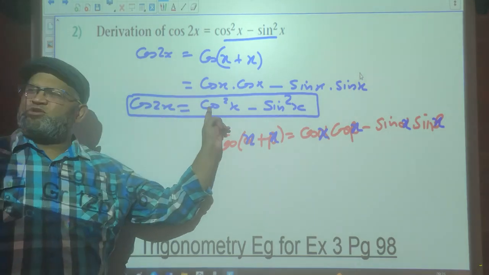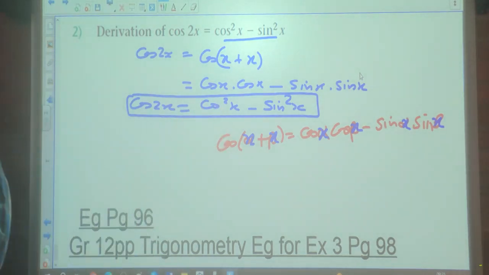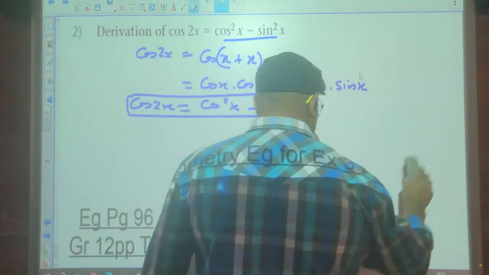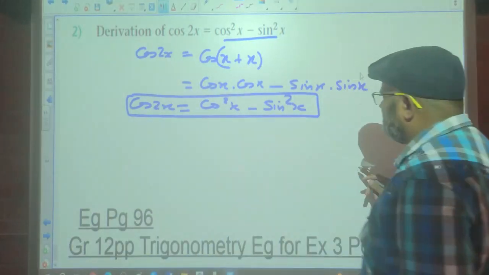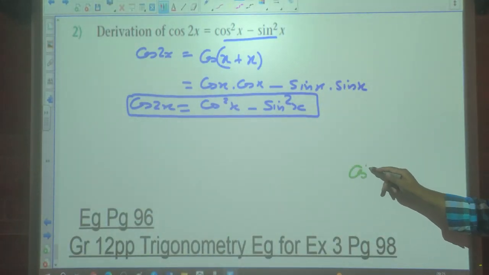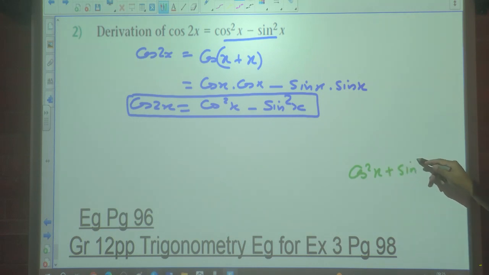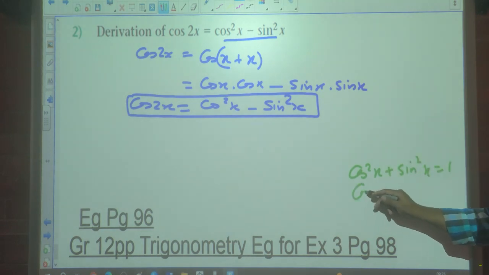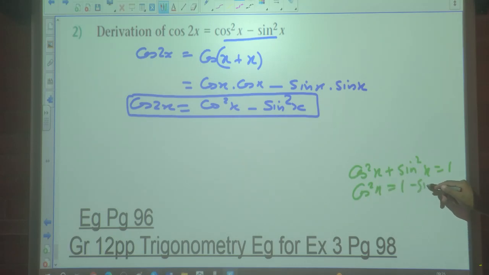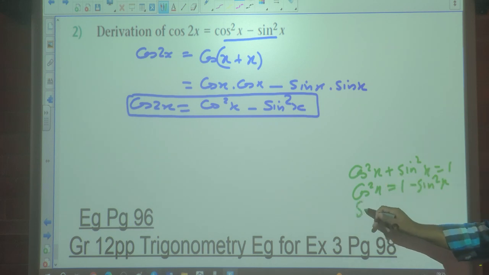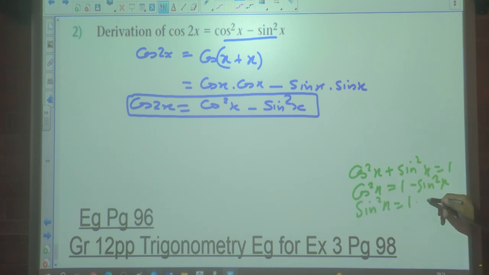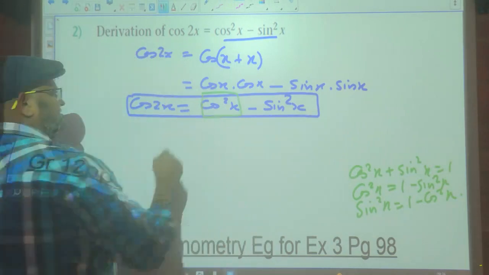But what is cos squared x also equal to? 1 minus sin squared x. Where am I getting that from? The fact that cos squared x plus sin squared x is equal to 1. So of course cos squared x is equal to 1 minus sin squared x. So let's change cos squared x and see what happens.